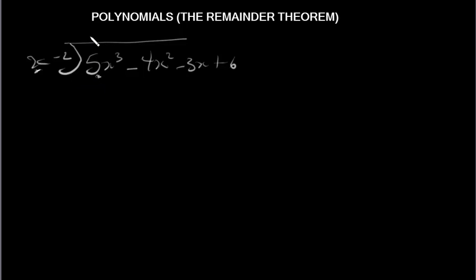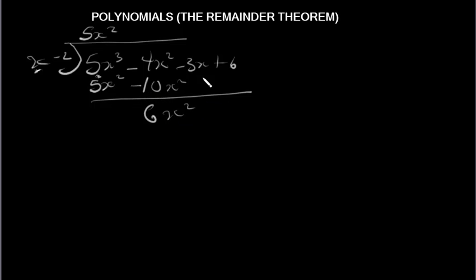So in this case now I have 5x squared. So 5x squared times x will give me 5x cubed, minus 2 times 5x squared is minus 10x squared. So that minus 4x squared minus minus 10x squared will give me 6x squared. I have minus 3x, I just bring that down, plus 6.